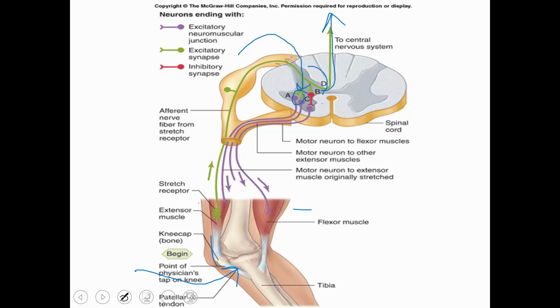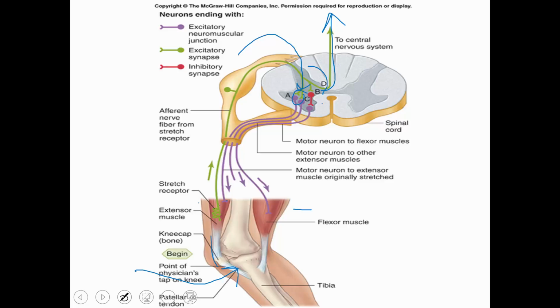Physiologically, what stretch reflexes are for is that in the presence of a load, I'm standing there and you hand me a really heavy package, and that stretches my arms, it stretches my leg muscles, and I contract in response to maintain the load so that I don't fall down.